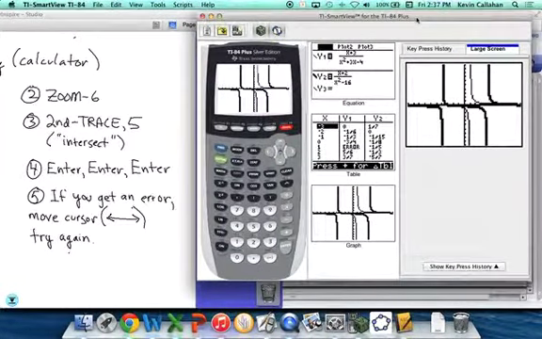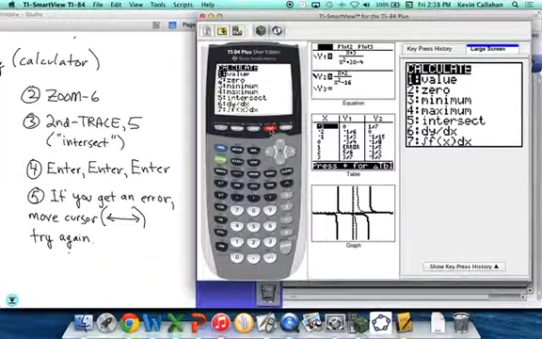So I do zoom 6 because that just gives me the graph like that. Now I do second trace, and intersect is 5. Remember, what does it say above the trace? It says calc, so it's a calculate menu.